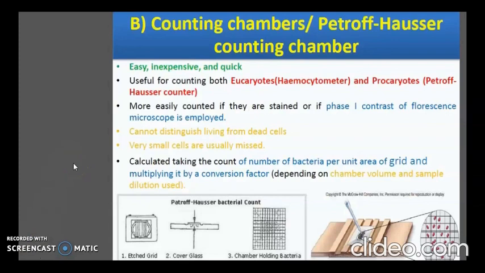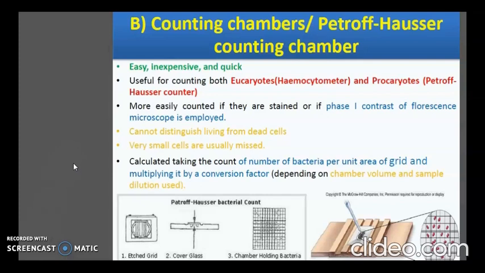Next direct method for the determination of number of cells is the counting chamber method or the Petroff-Hausser chamber. It's an easy, inexpensive, and quick method. It is useful for counting both eukaryotes and prokaryotes.